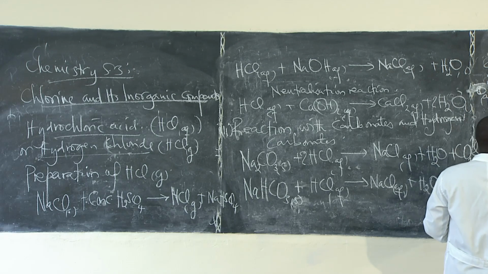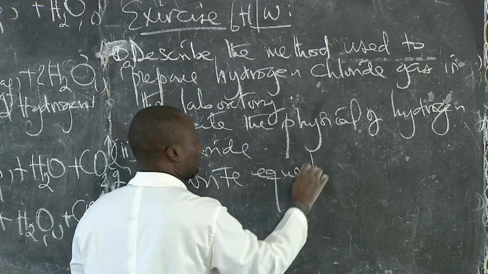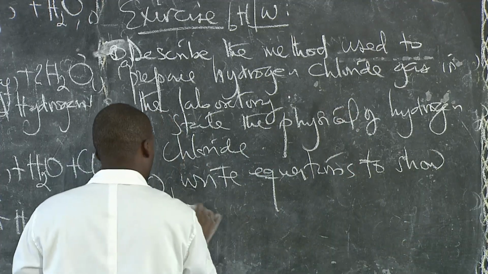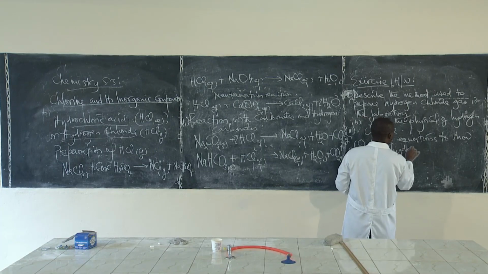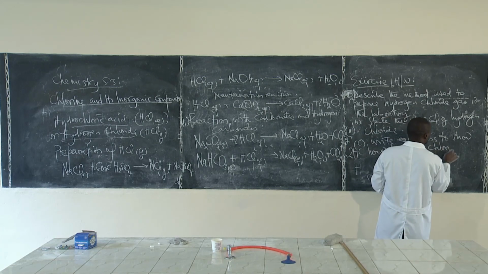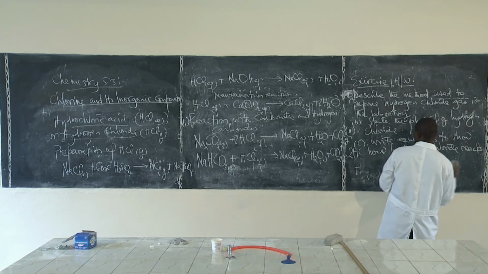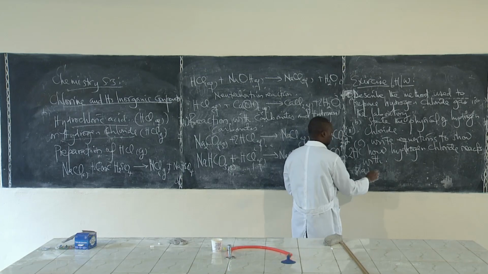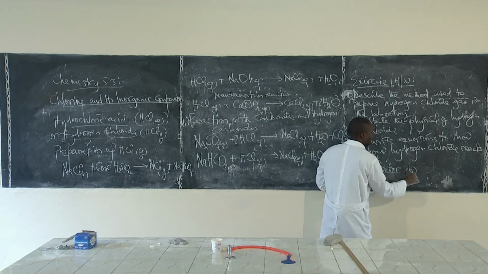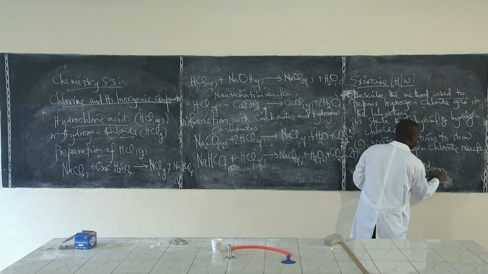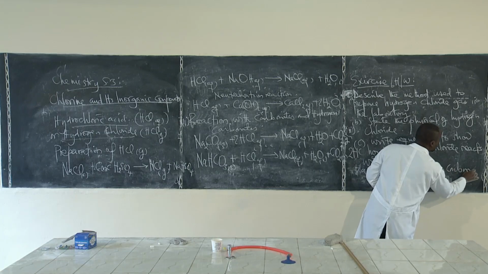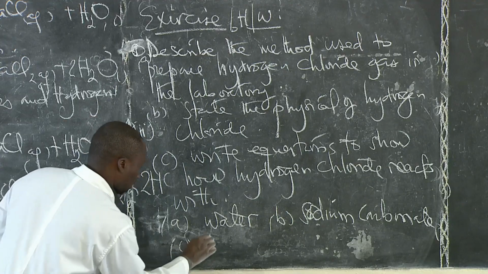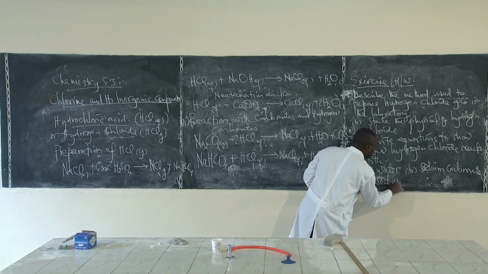And write equations to show how hydrogen chloride reacts with A, water, B, sodium carbonate, and C, sodium metal.